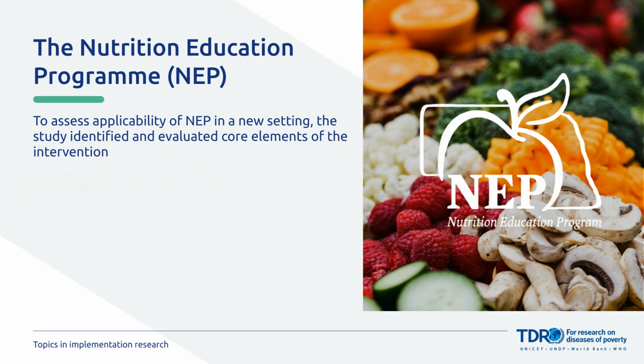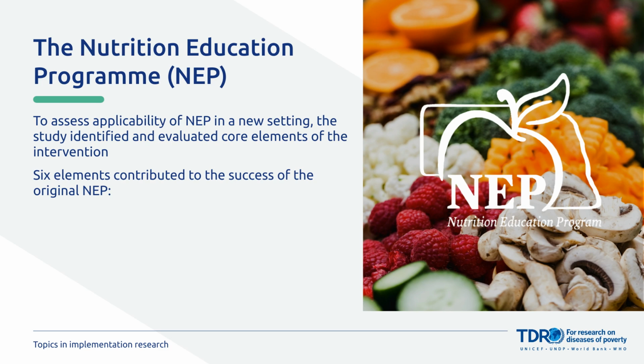6 elements believed to contribute to the success of the original NEP were identified. These elements likely played a role in promoting positive dietary behaviors by enhancing behavior mediators, such as self-efficacy, knowledge, skills, and outcome expectations.